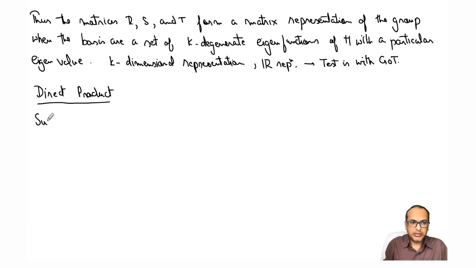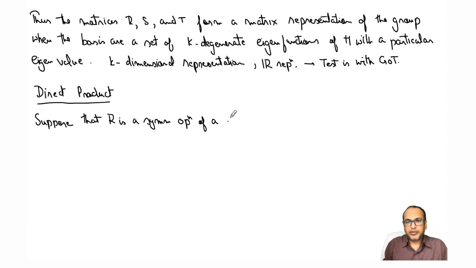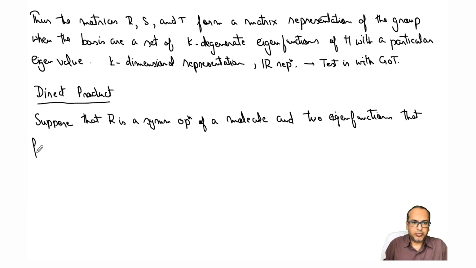So suppose that R is a symmetry operation of a molecule, and there are two sets of eigenfunctions that form bases of the group.